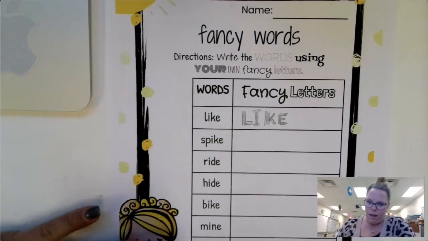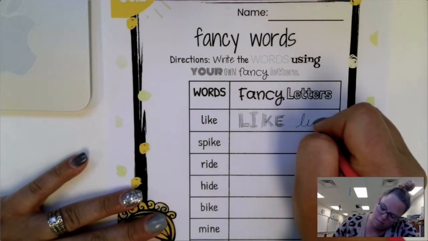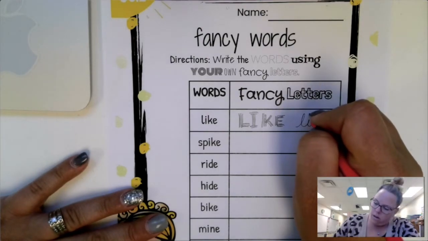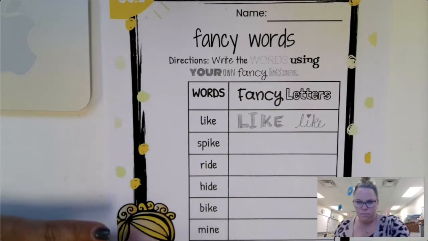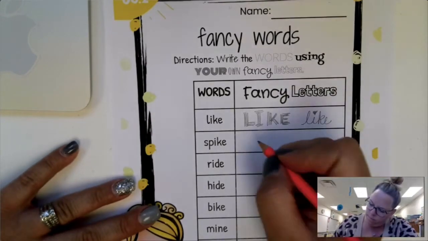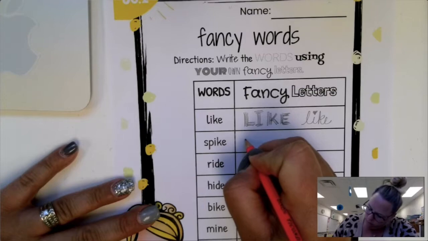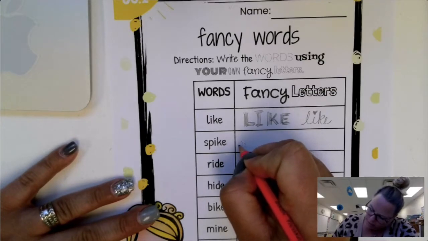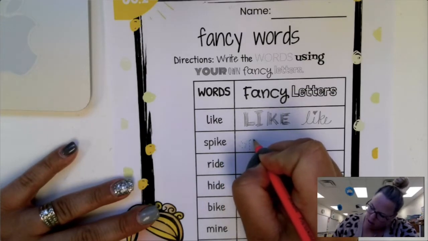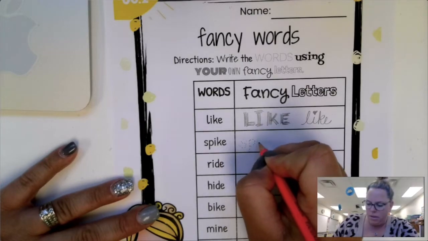It's my word like. Or maybe I'm going to make it with my fancy cursive writing. Okay? You get to decide what you're going to do. You could do dots. As you're doing this, though, I would like you to be saying it out loud.